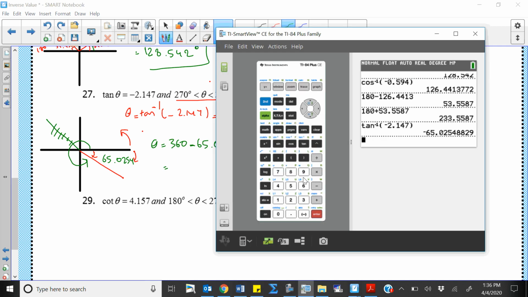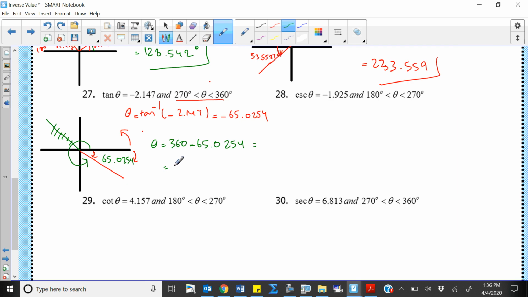Let's find that. 360 minus 65.0254 is 294.9746, and I round it as 294.975 degrees, and that's my answer.